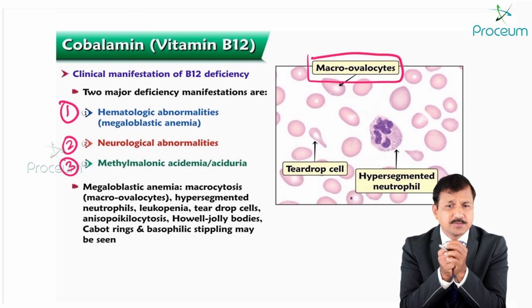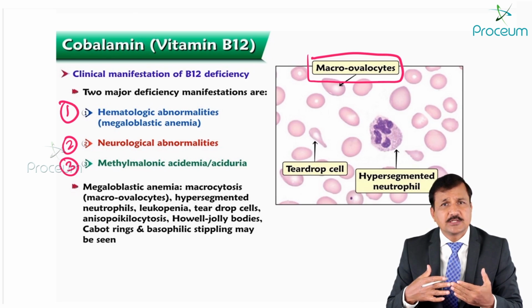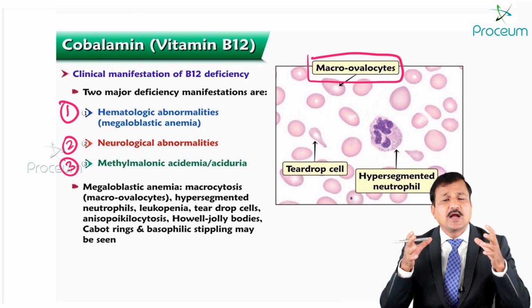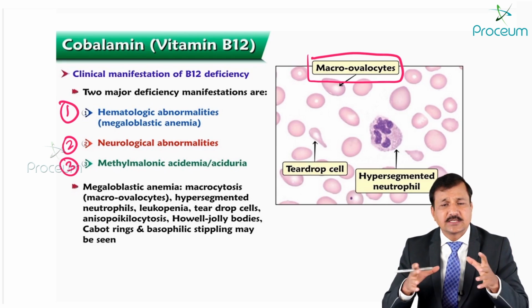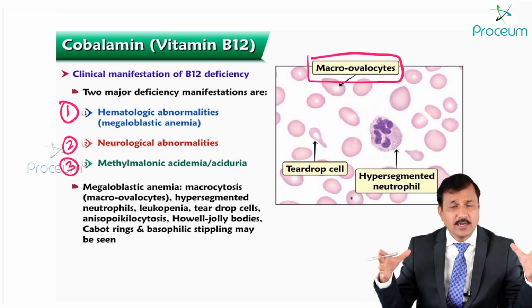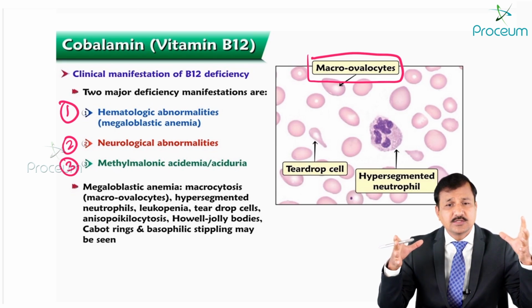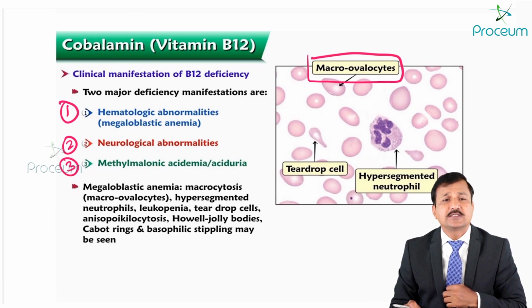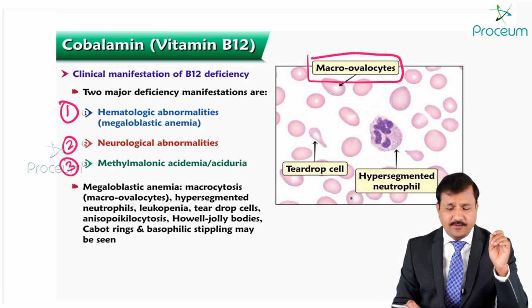So the nucleus becomes small and the cytoplasm is big, leading to nucleocytoplasmic disproportion, which gives big red blood cells with a small nucleus. That is what a megaloblast is, which is basically oval in shape. So macro-ovalocytes are one of the findings seen in megaloblastic anemia, seen in cobalamin deficiency, and also in folate deficiency.